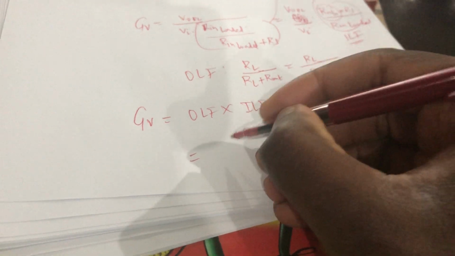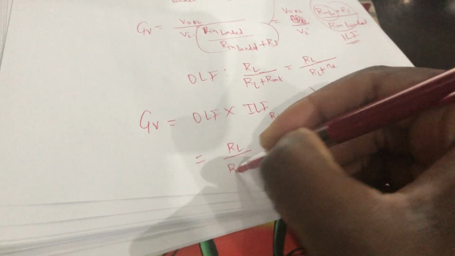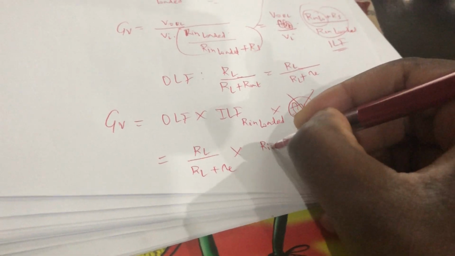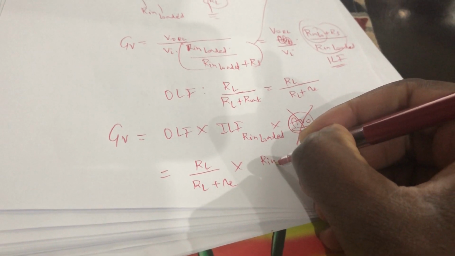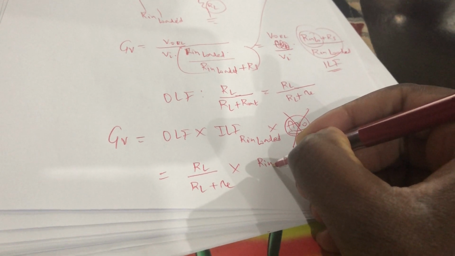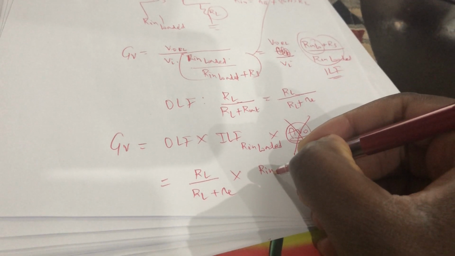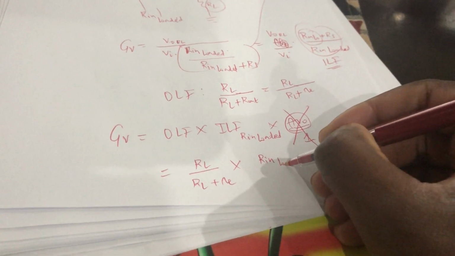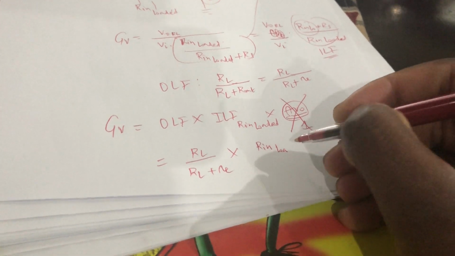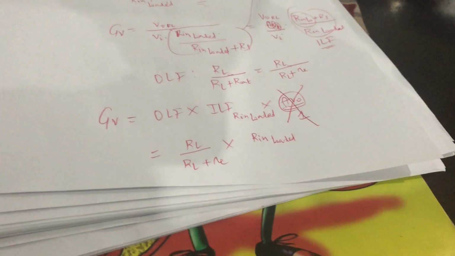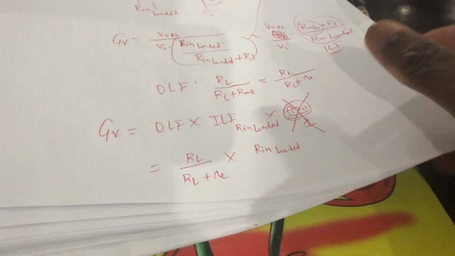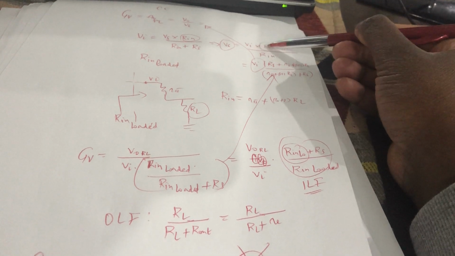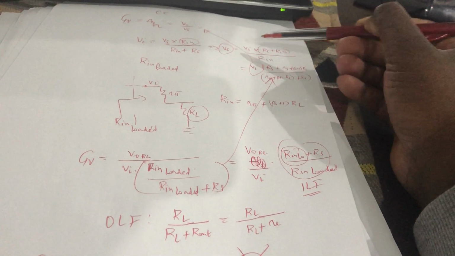So that ends up becoming simply RL over RL plus RE, all of it multiplied by R in loaded, because VS is VI times (RS plus R in) over R in.